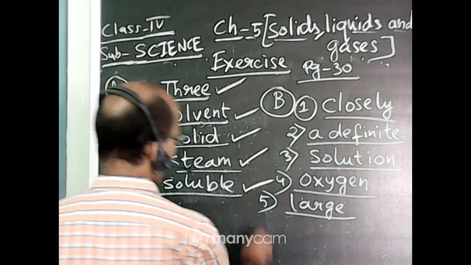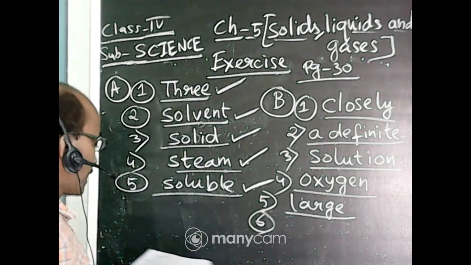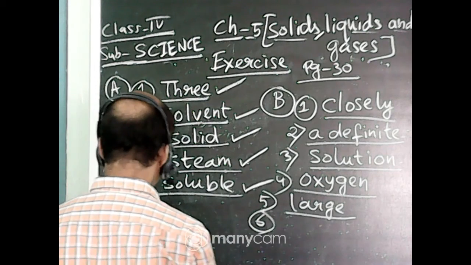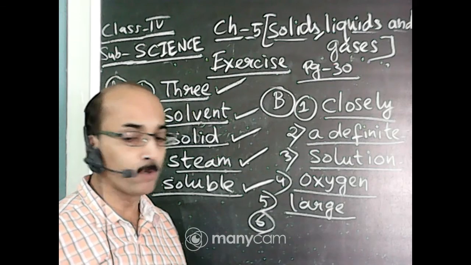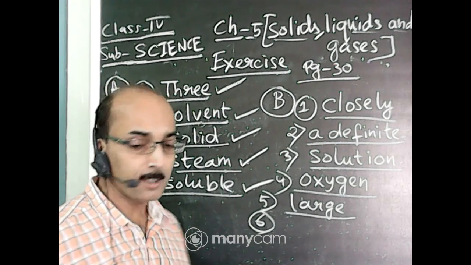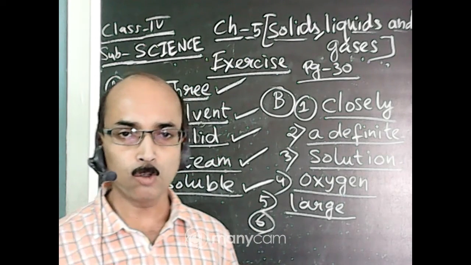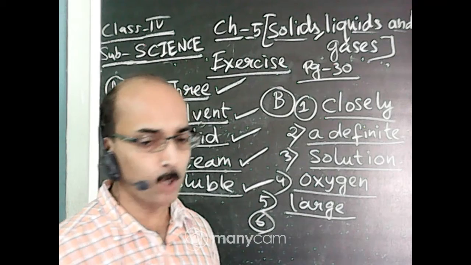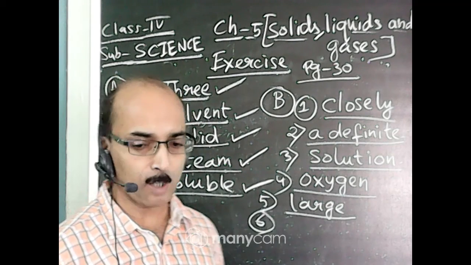Number 6, gases and liquids are called fluid. Why can anyone tell me why it is called fluid? Because it can flow. See, when you drop water on the floor, it will flow, it will move. The water will not stay still.